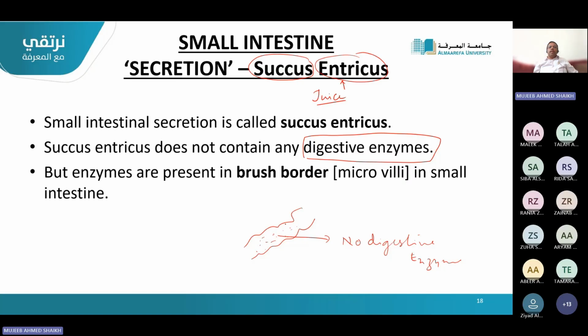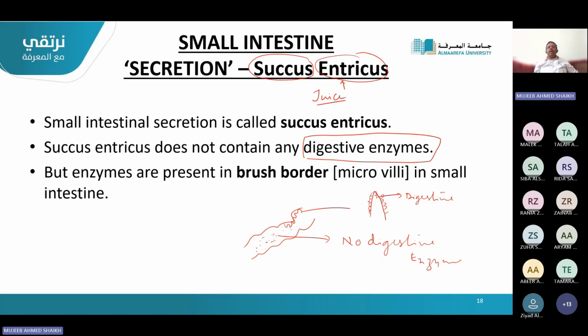If you remember, there are folds in the mucosa, mucosal folds. If you enlarge it, you will see there are villi and epithelial cells. On the surface of these cells, there are digestive enzymes present. So not in the liquid.